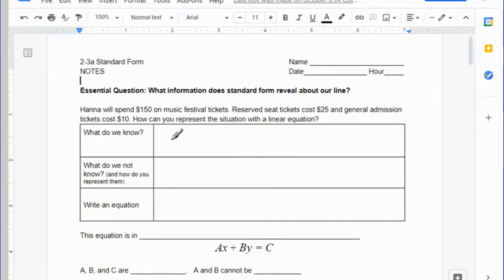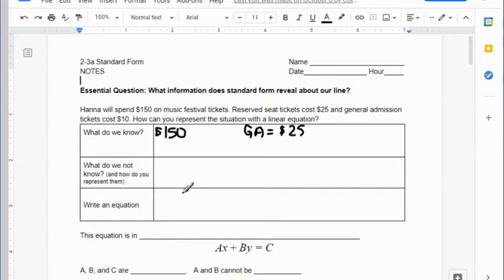So what do we know? We know we have $150 to spend on music festival tickets. We know general admission tickets cost $25 a piece. And we know, oh no, sorry, that was not general admission. I read it wrong.